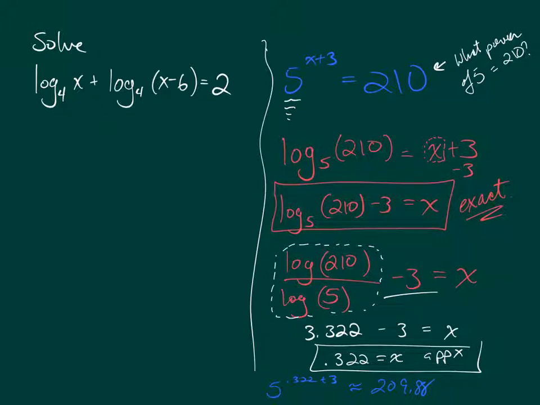And it is 209.88. When I did that, I got 209.88, which is really close to 210. Again, since we rounded this number to 3.322, this is not exactly, it is approximately 210, just like the answer is approximately 0.322.